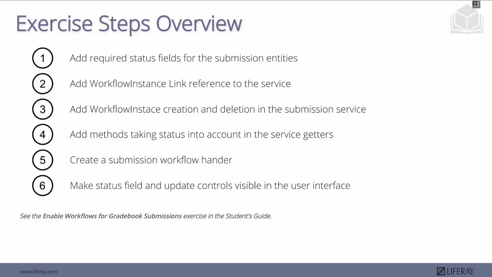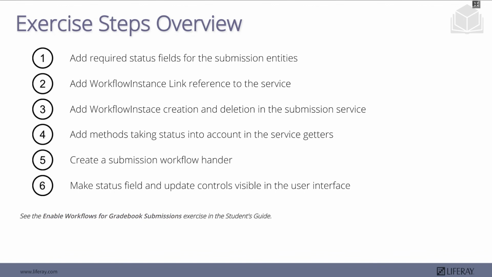So the steps that we're going to take, just as what we saw before: we're going to make sure that the required status fields are there for our submission entity. We'll then add a workflow instance link so that this will keep track of when our submission is created.